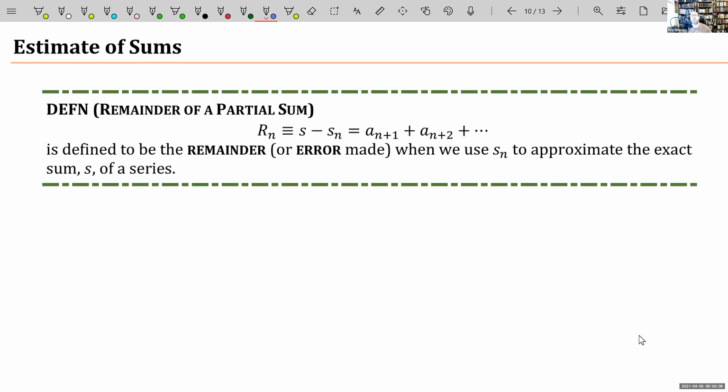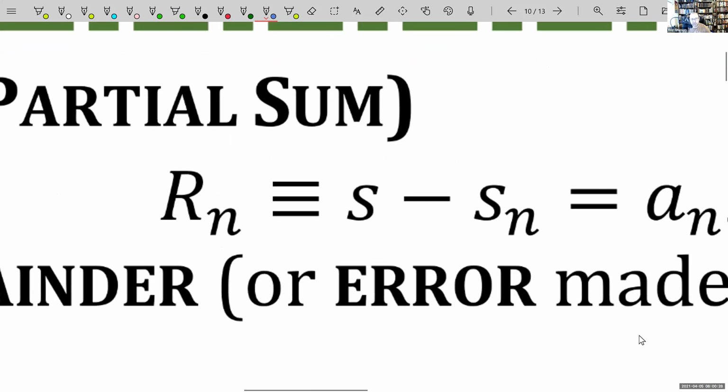So let's start with a very clean, nice definition of a remainder of any partial sum. So you have some summation, let's just say it's a summation n equals 1 to infinity of a sub n. So you have some sequence you're adding up forever and ever. Well, we are going to define the nth remainder.